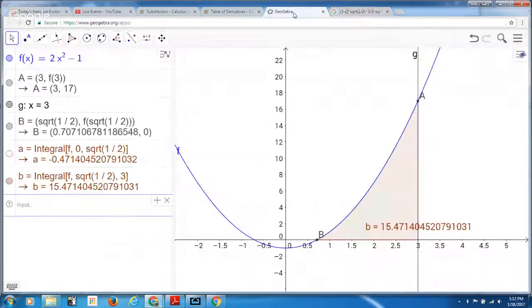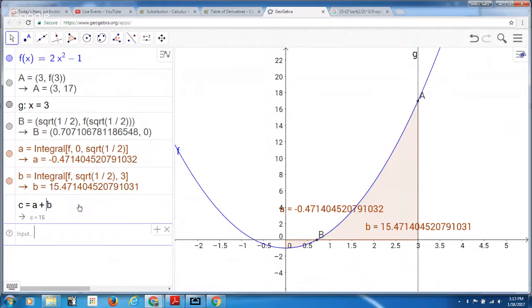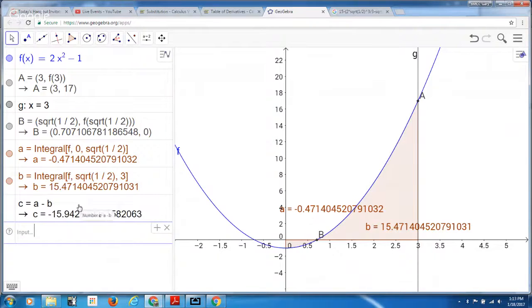All right, and so now GeoGebra is calling this little a and little b, so I could just say, hey, GeoGebra, what is a plus b? And GeoGebra will say, oh, I want a plus negative b. Type. And there's my 15.94.